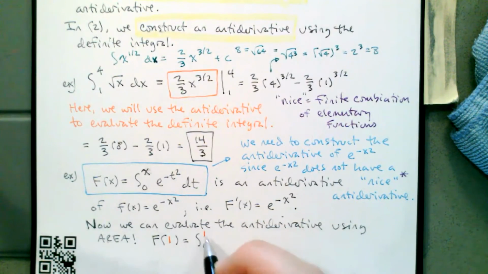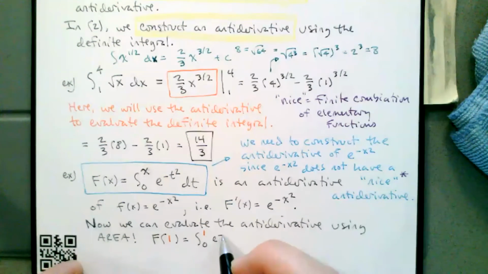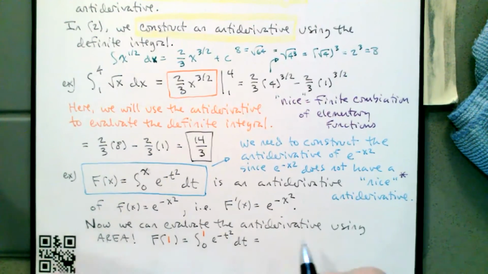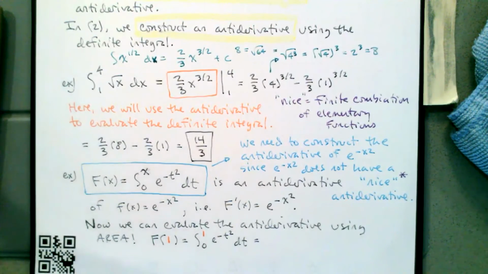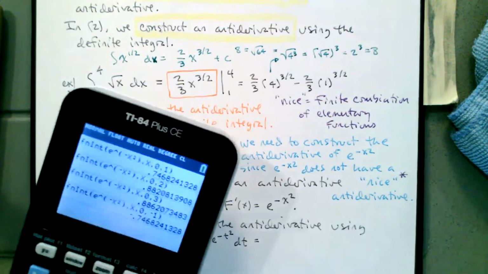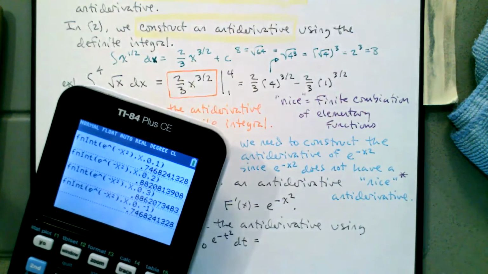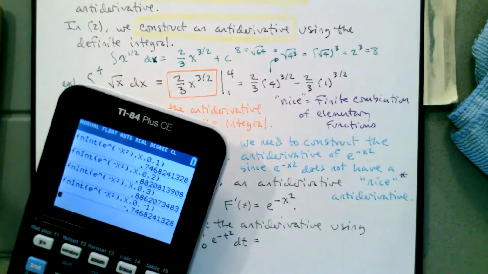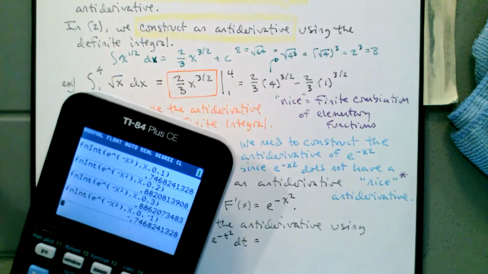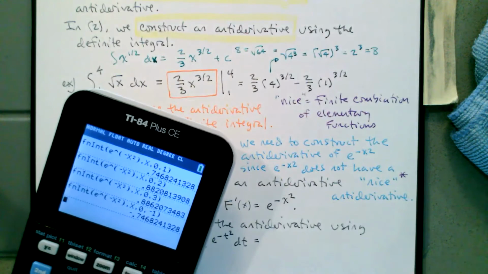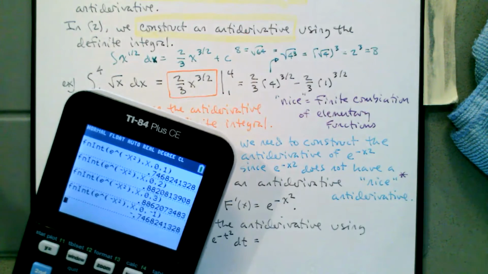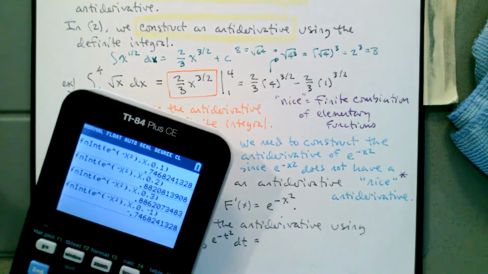We integrate from 0 to 1 the function e to the minus t squared dt. And the endpoint is 1, am I correct? Yeah. Okay. But in the example, the endpoint is the x. That's why we have the x in there, correct? Yeah, that's why I put the x there. So then we evaluate that on our machines and we get 0.747.